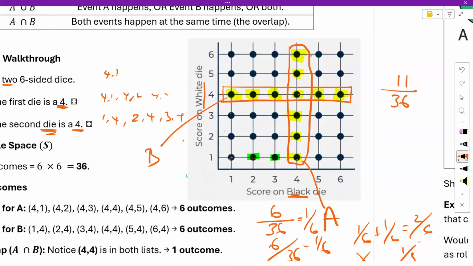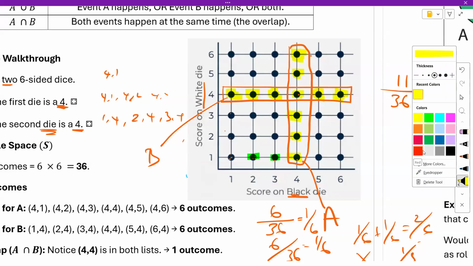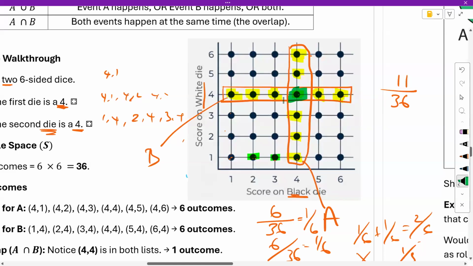The problem here is that we count this twice. This is A intersection B. Do you agree?